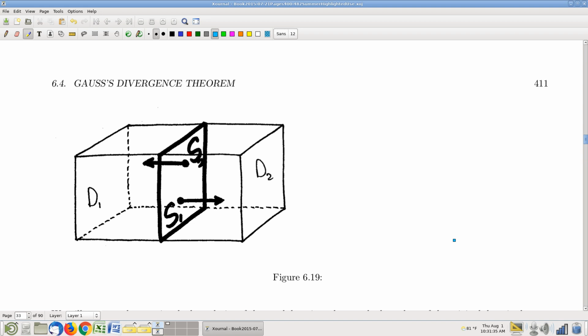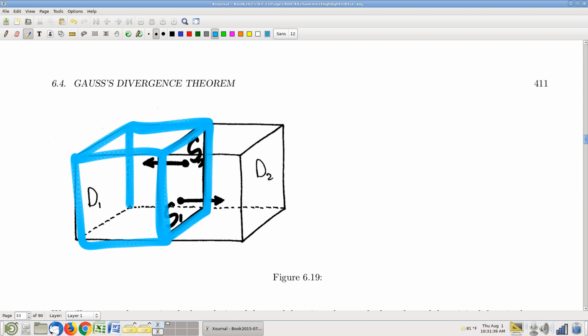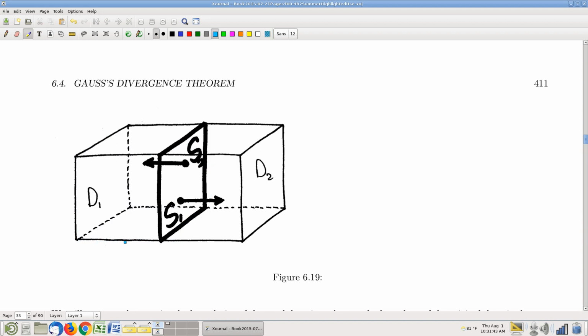If you look at the boundary flux of some vector field through that boundary surface, among other things, you'll be looking at the flux through that face with that orientation. And you'll also, as part of the boundary of this, be looking at the flux through that same face with that orientation.